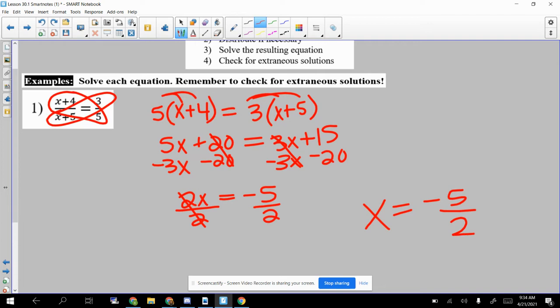And then our last step is to check for extraneous solutions. I would just plug that into your calculator to double check. So I'm literally going to do that. I have my calculator nearby, and I'm plugging in negative 5 divided by 2 plus 4, and then divide that by negative 5 divided by 2 plus 5.